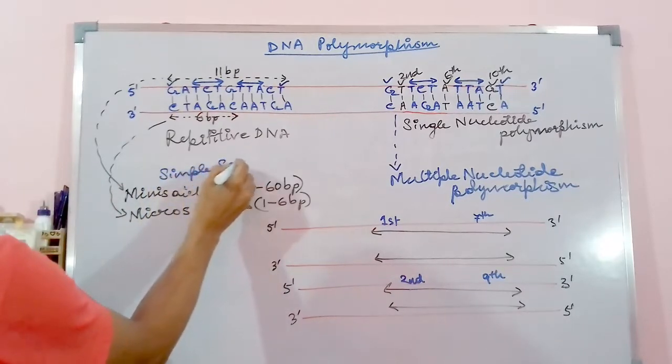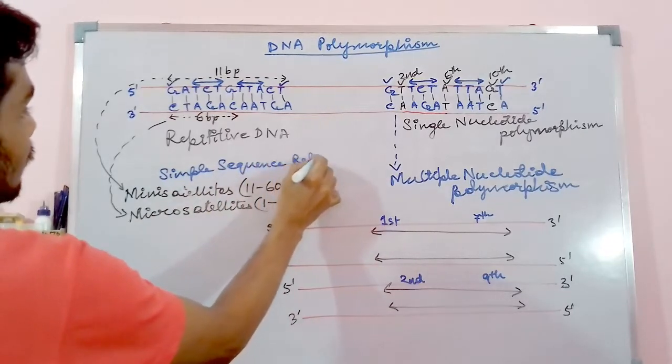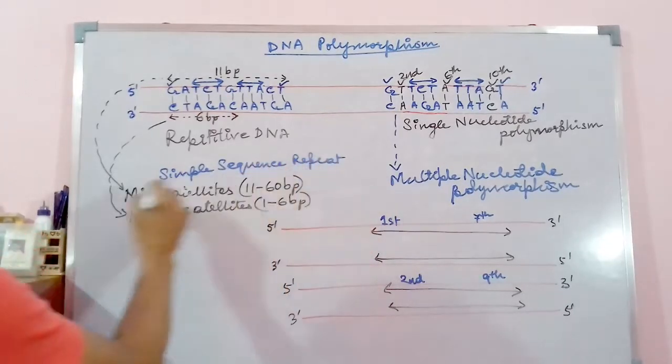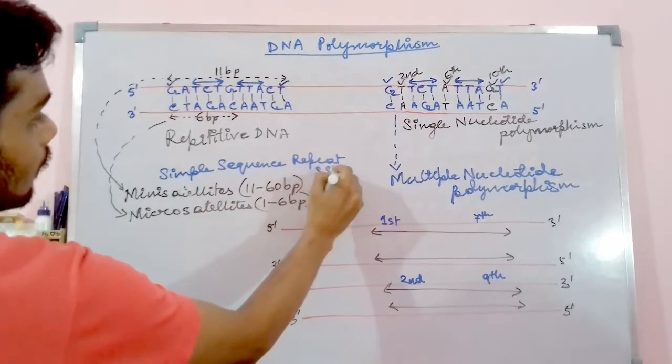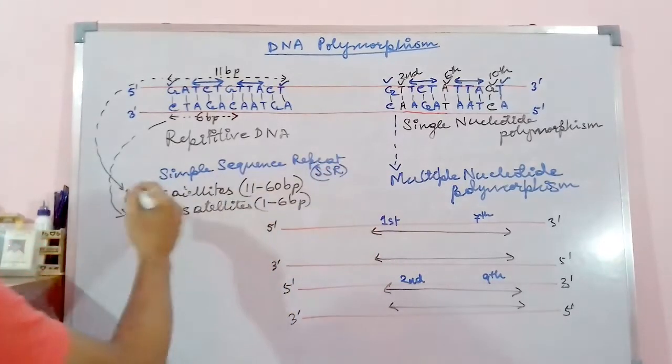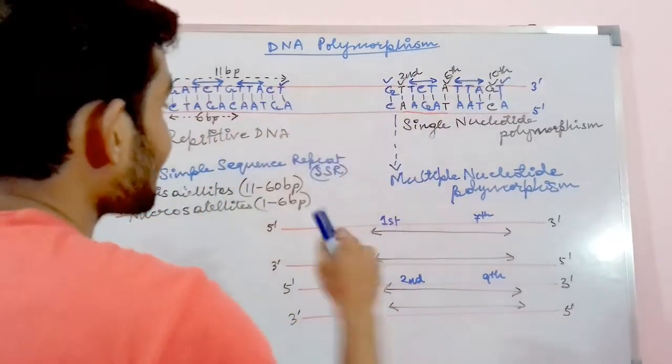Simple sequence repeat. Okay, means SSR. Simple sequence repeat means these simple sequences are repeating itself.